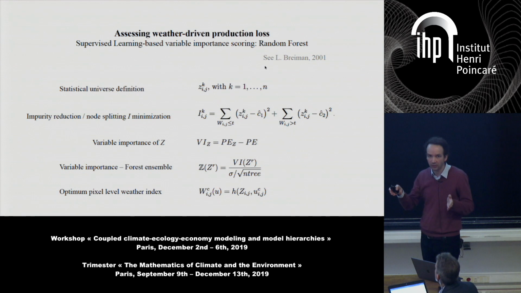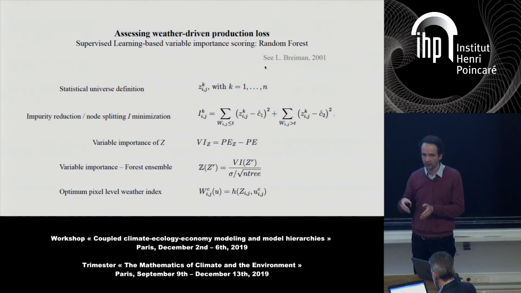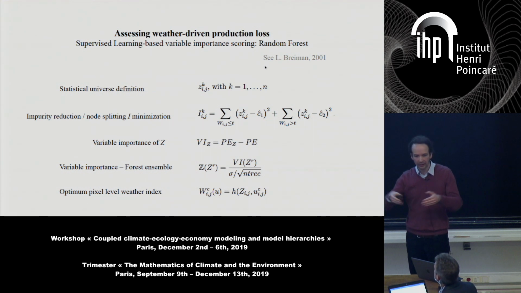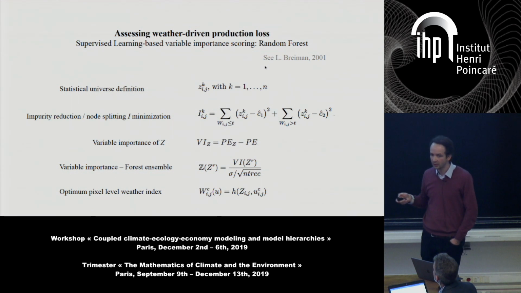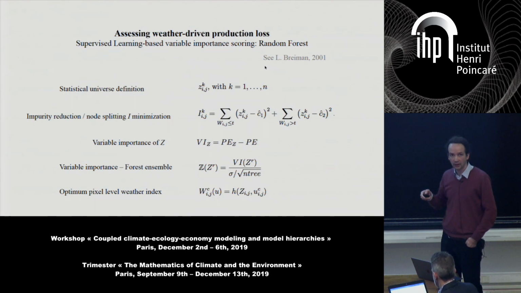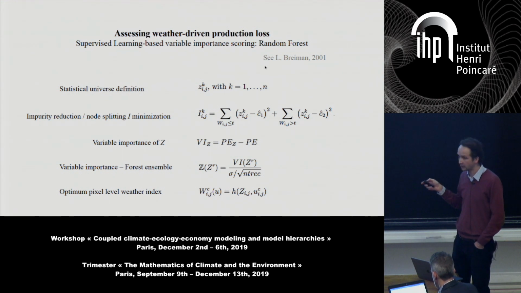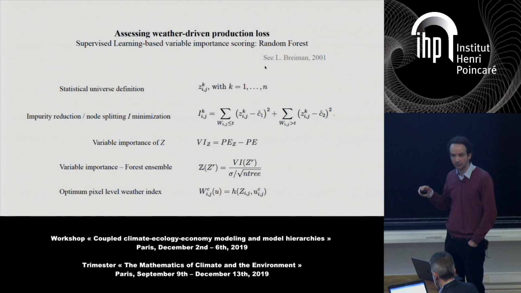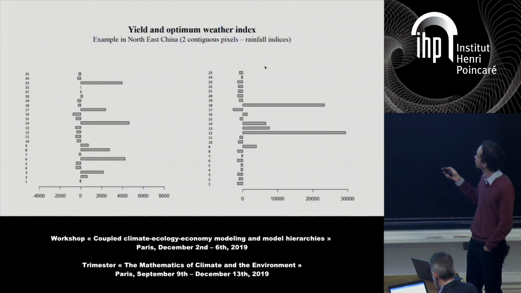So in the case of agriculture, for instance, you can think in a given site, is it the cumulative precipitation from May 1st to July 15th, or from May 15th to July 2nd, and so on. And you can build a statistical universe of collinear variables like that, that you will decorrelate and find the weather index with the highest explanatory value of losses.